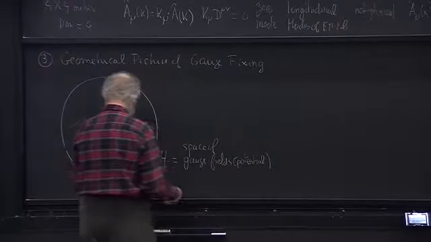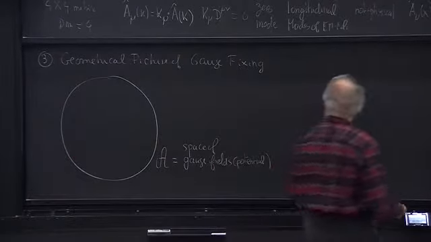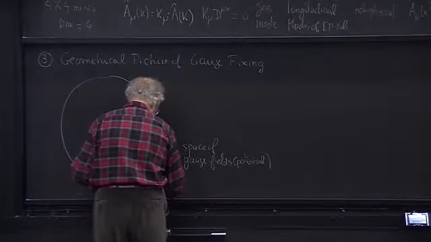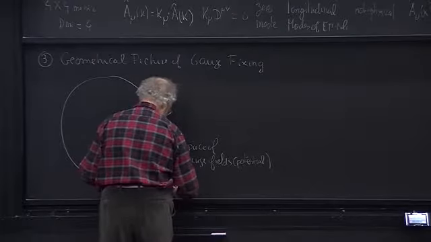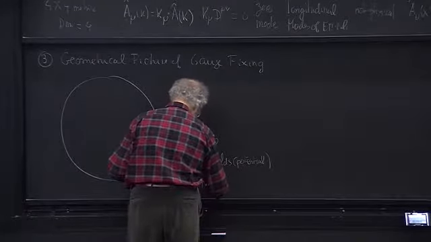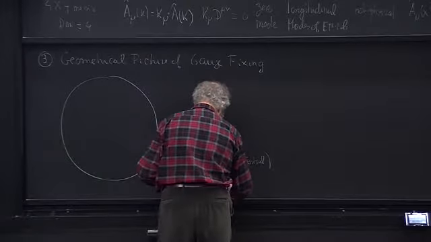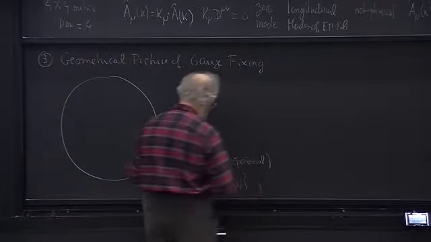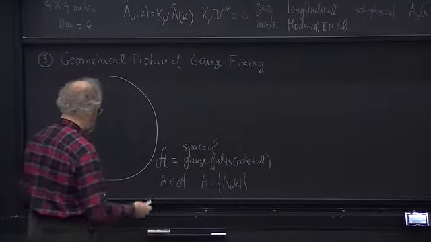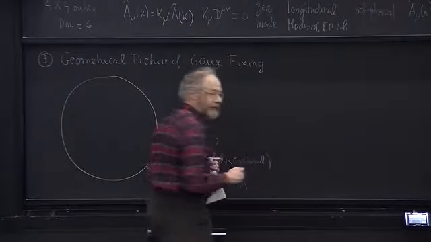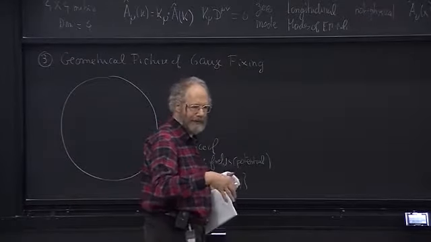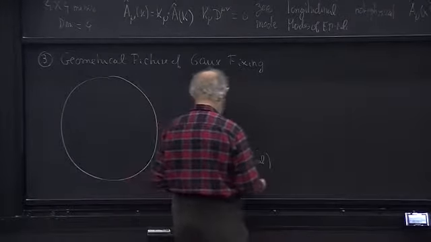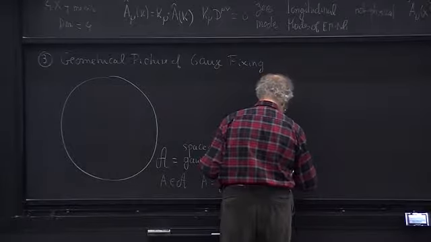So a point in this space is just a function. It's the data of A mu of x for all points of space. So it's a function. And in addition, it's a function with indices, so it's a 2x2 traceless Hermitian matrix. So it's a gauge field configuration. Okay?